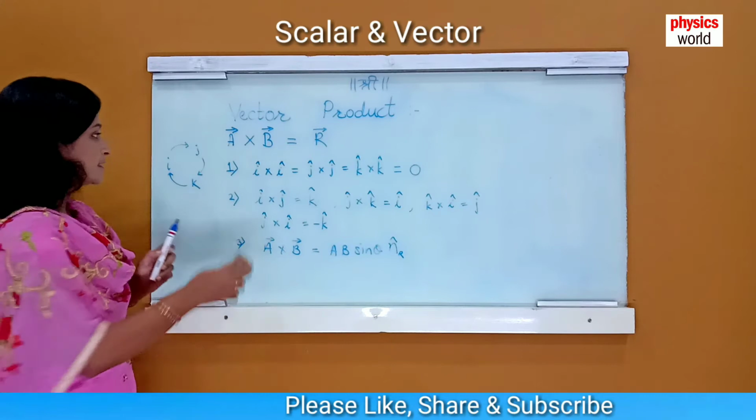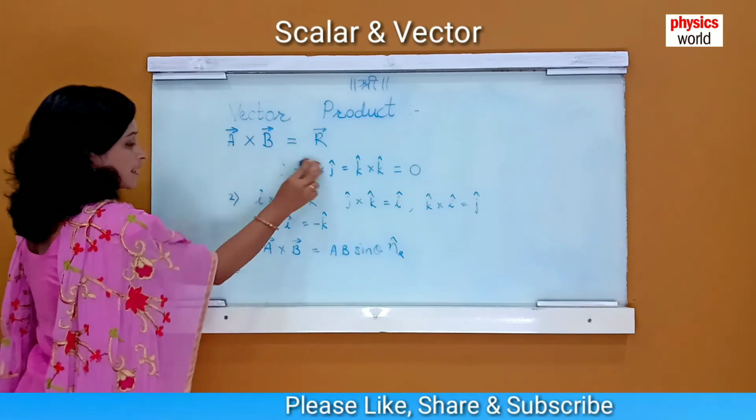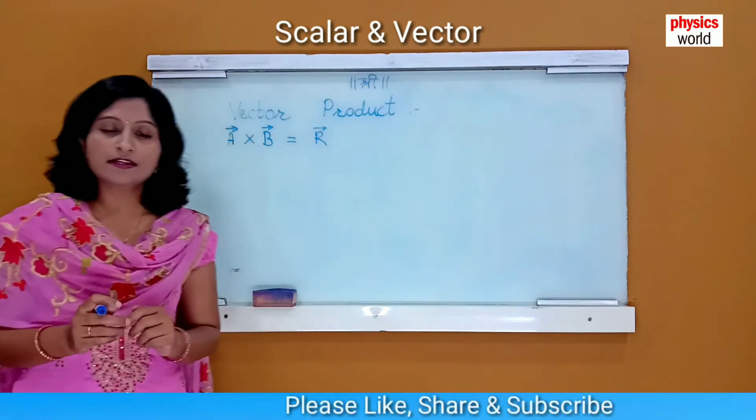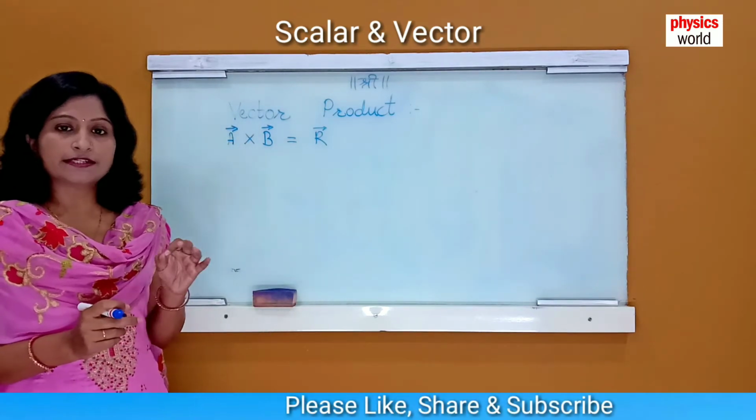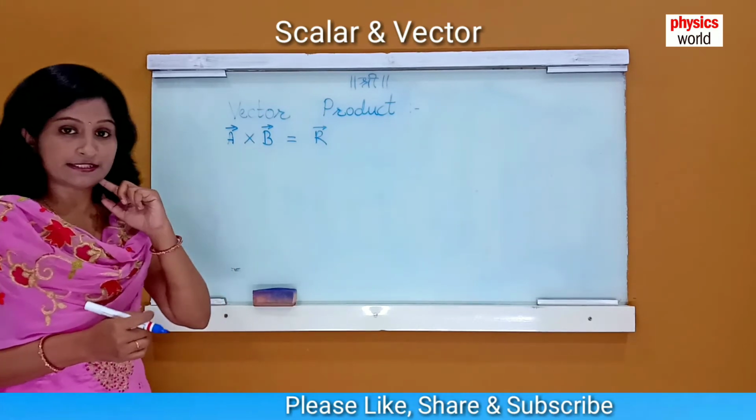Now if the angle is not given, we have to use another method. If the angle is not given, we have to use the determinant method. Determinant means what? I will show with one example.